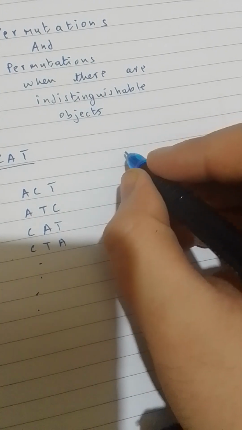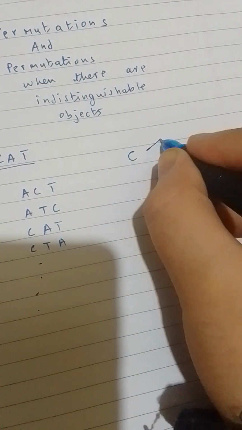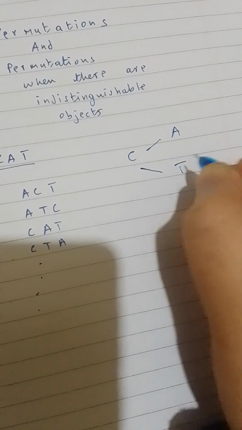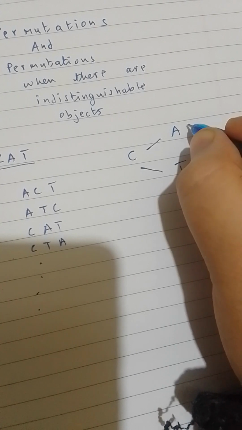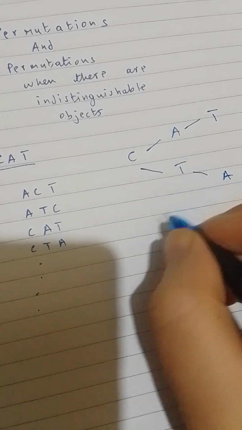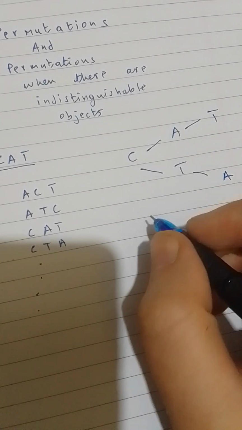If I select C, then I can either go to A or I can go to T, and from the A I can go to T, and from the T I can go to A. That sounds reasonable.